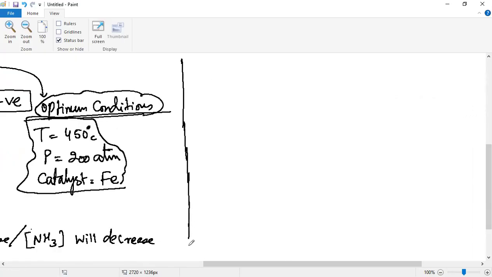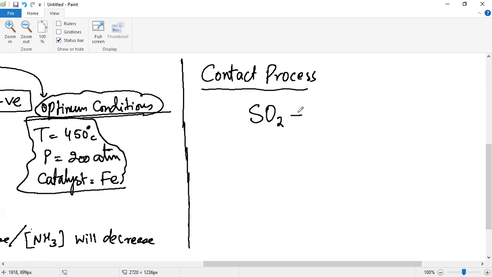So let's just take another example. Suppose we have the contact process, and in the contact process we have the making of sulfur trioxide, like sulfur dioxide gas combining with oxygen to make sulfur trioxide.